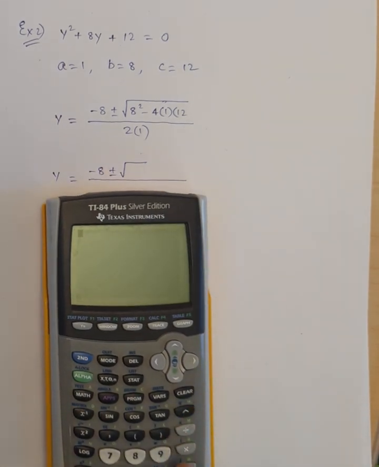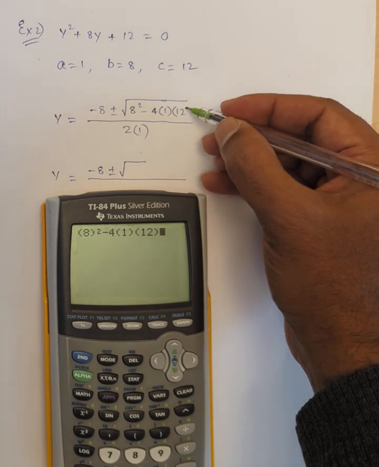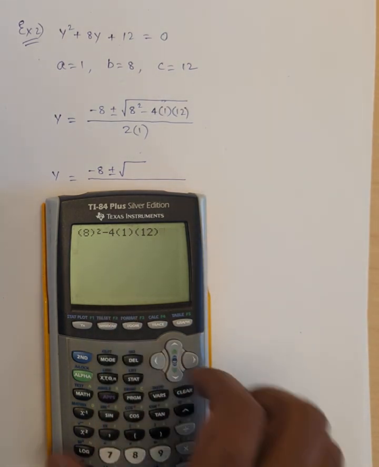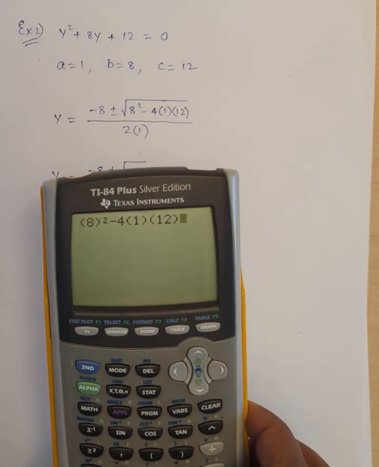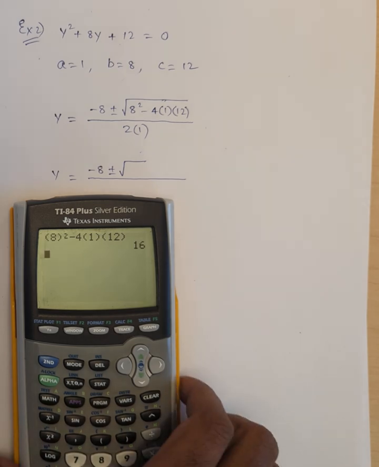So it's (8) square, and I'm putting 8 in parentheses because sometimes there's a negative number. So just for consistency, times 12. Oops, forgot to close the parentheses there. So this is my b square minus 4ac. 8 square minus 4 times 1 times 12, and I got 16.